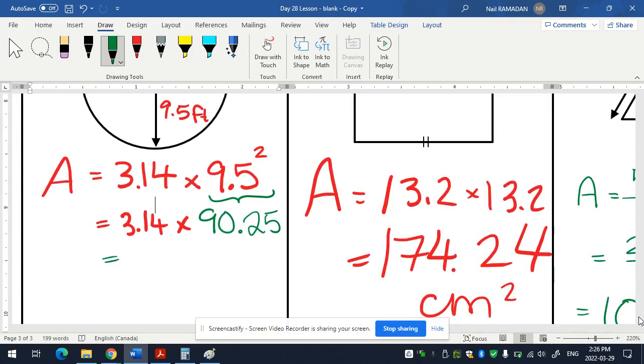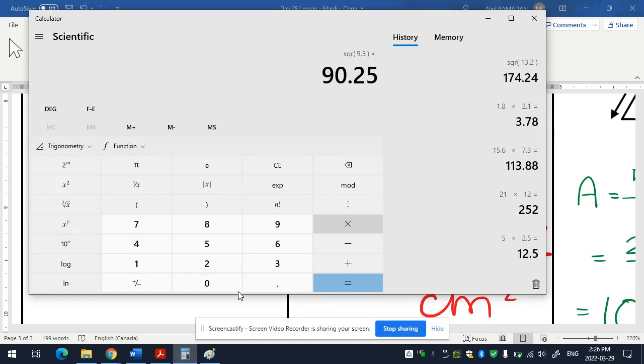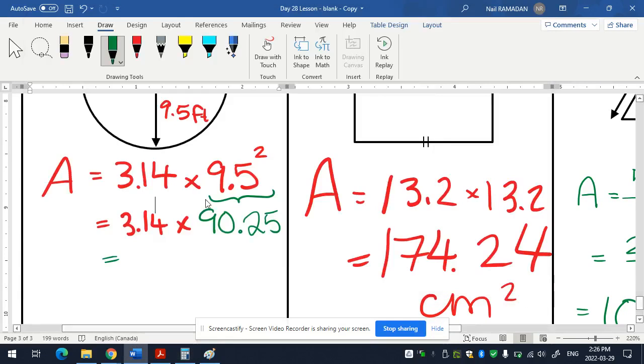What's the final answer? Let's just multiply. Did anyone get an answer? Sure. So how much? 283.385. In what measurement unit? Feet squared.